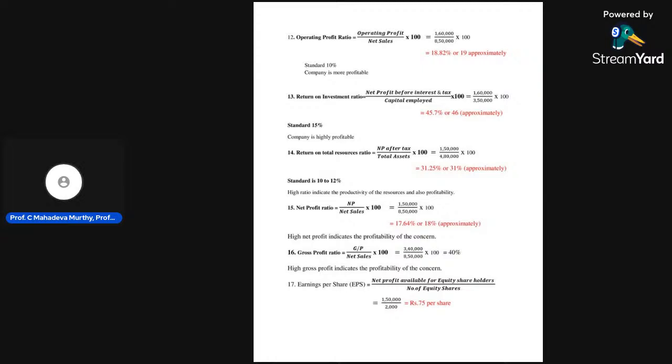Here 1,50,000 divided by 2,000 is equal to rupees 75 per share. That is the dividend declared by the company. I hope you understand this concept.